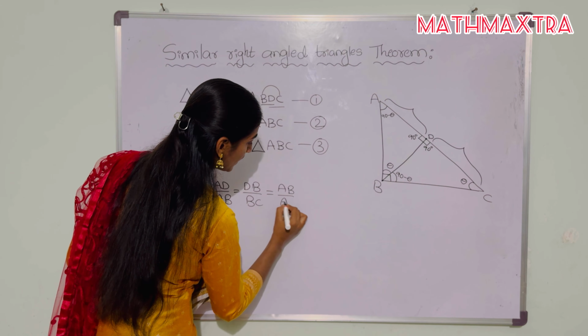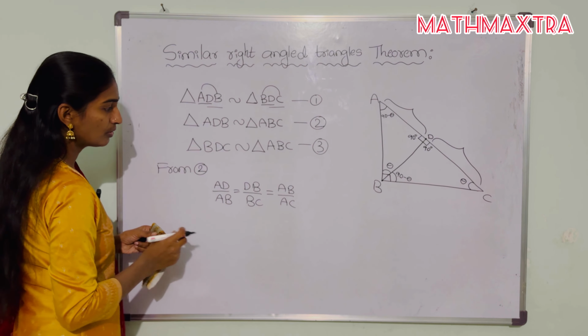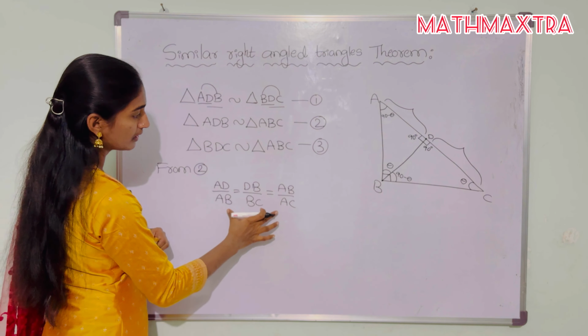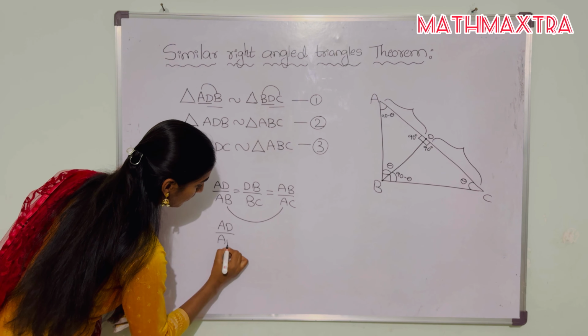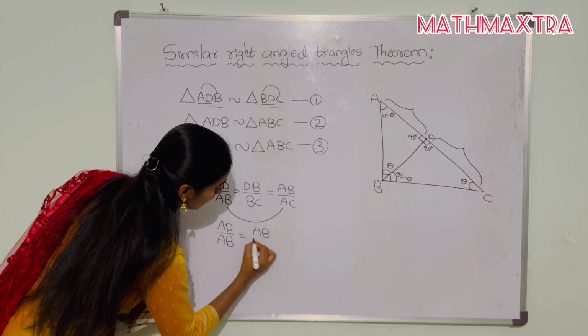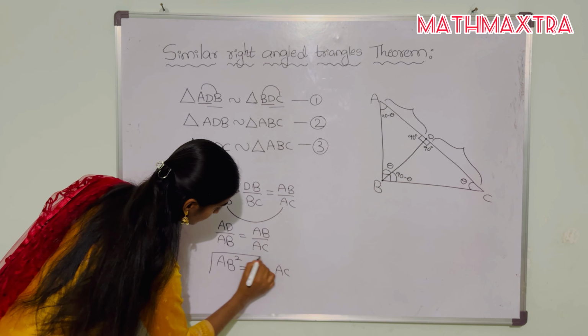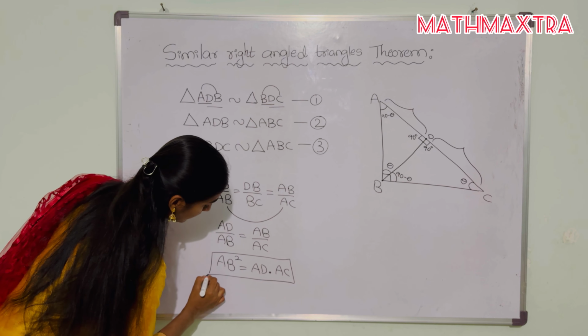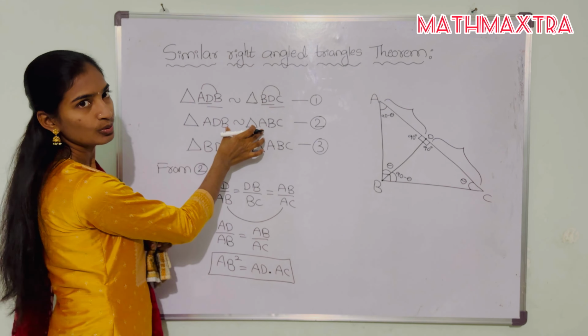Now you consider these two: AD by AB is equal to AB by AC. So AB square is equal to AD into AC. So this is one relation we can conclude from these two.